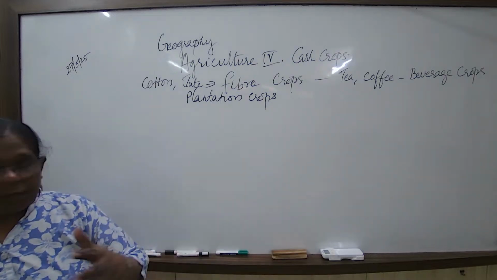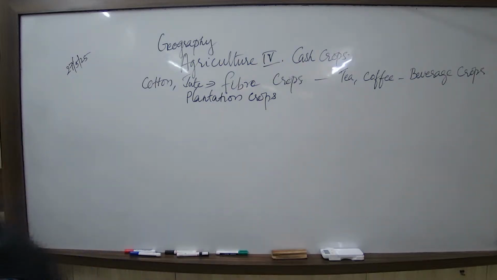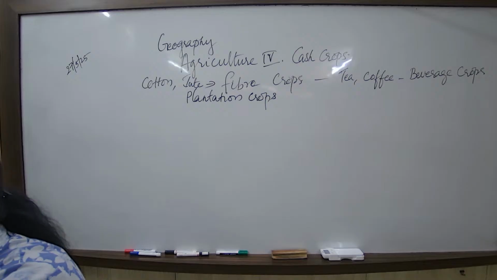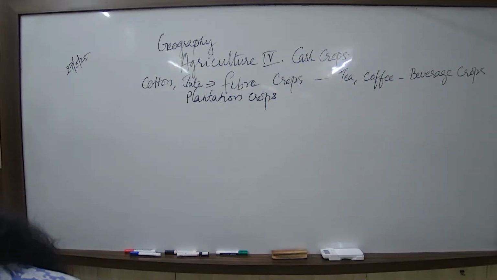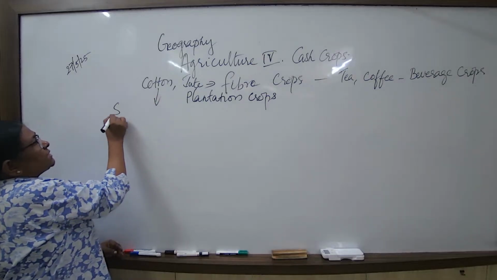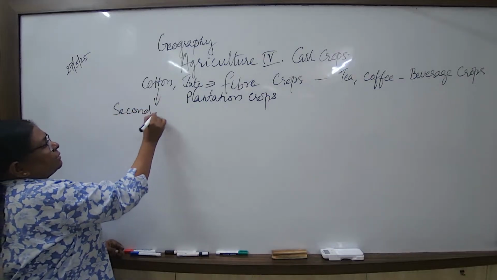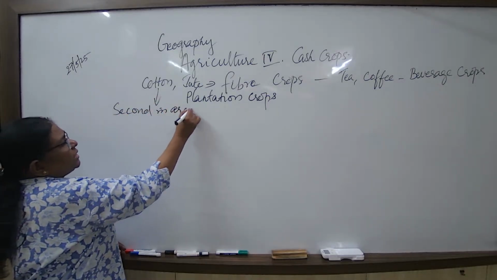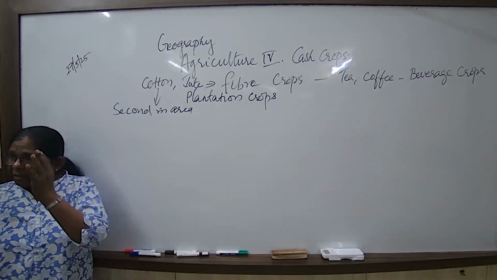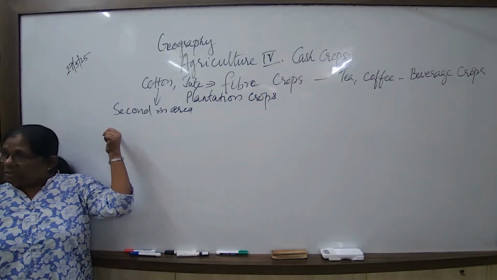See, on the area for which this kind of crops are cultivated, cotton area, that means the area meant for cultivating any crop, this cotton area is second. So, cotton we are studying, second in area. What is the meaning? Second in area means how much area is spent for that cash crop cultivation.